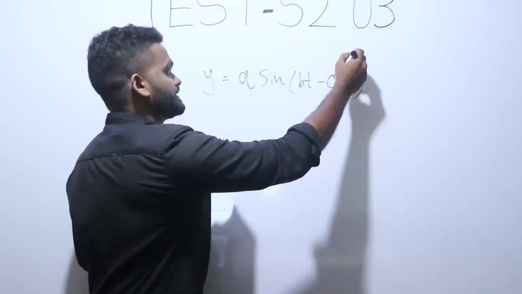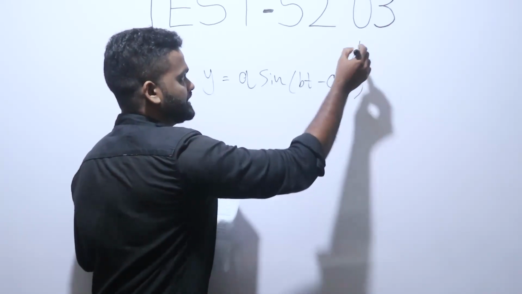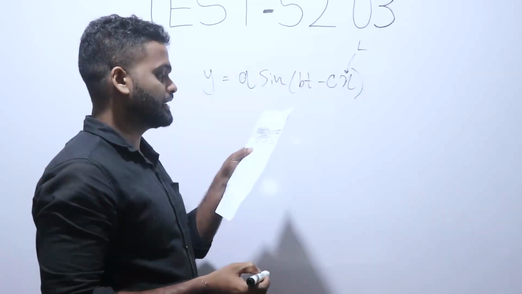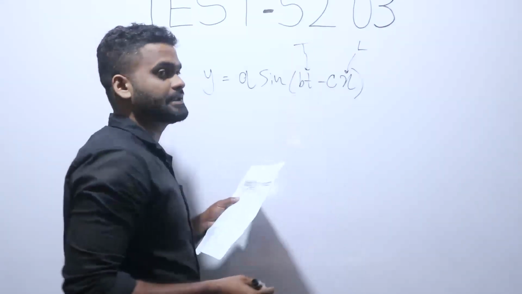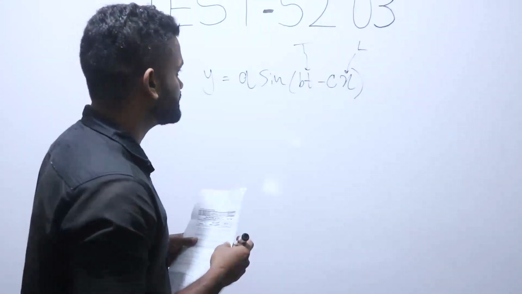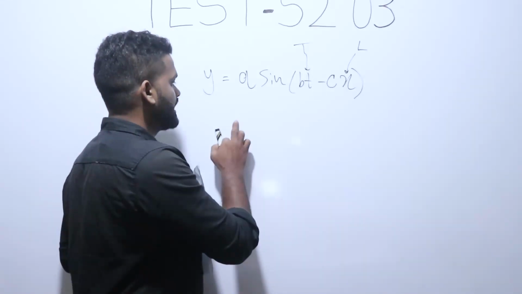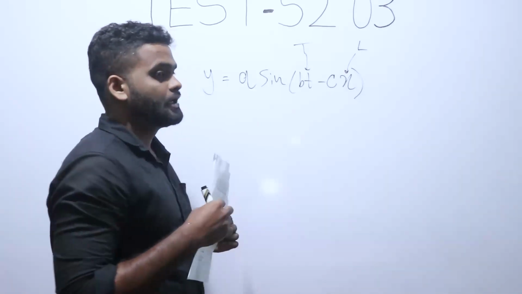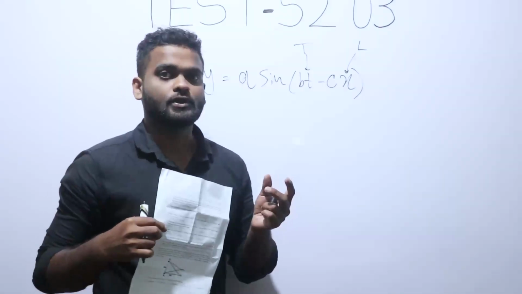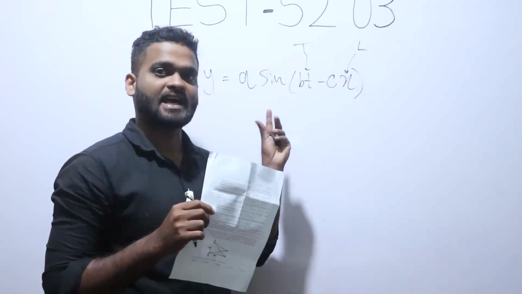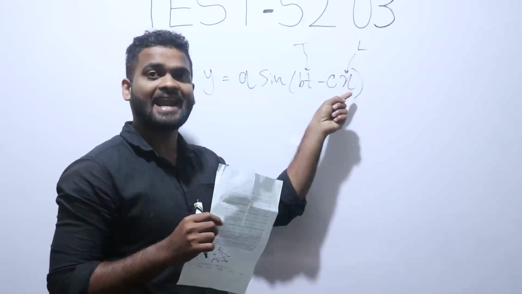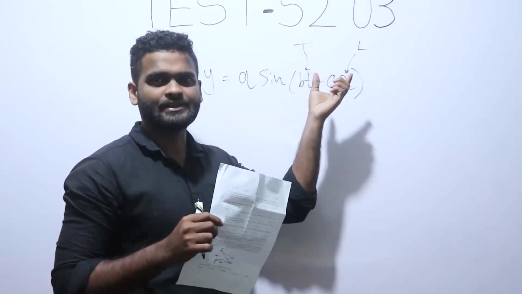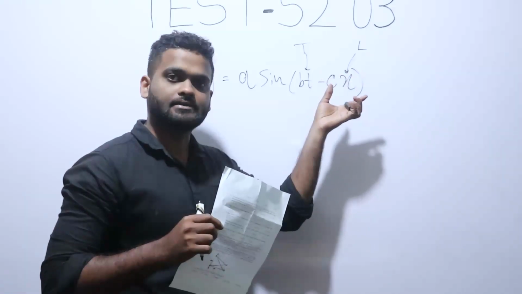They say that x is a displacement, so the dimensions are capital L, and t is time, dimensions capital T. So what is the dimensions of b over c? You know that inside a sine function it is always an angle, in degrees or in radians.